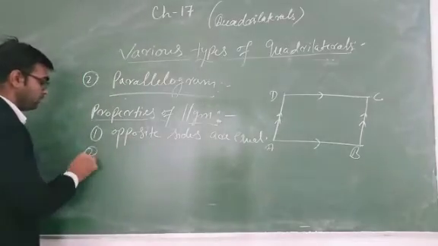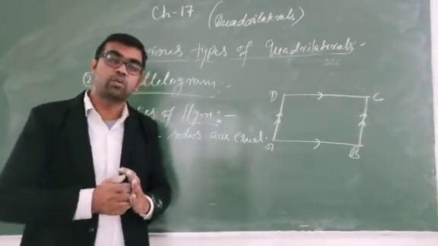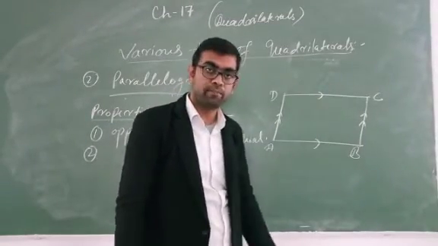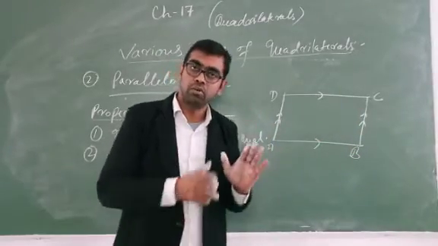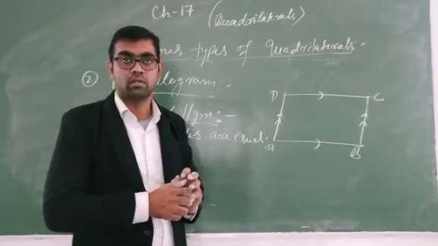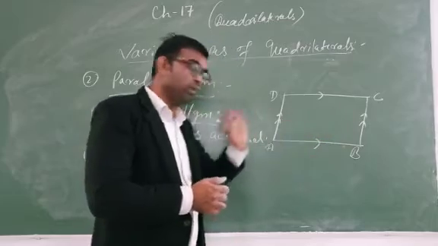In a parallelogram, opposite sides are equal. That means AB is equal to CD and BC is equal to AD. So in the case of a parallelogram, opposite sides will definitely be equal.